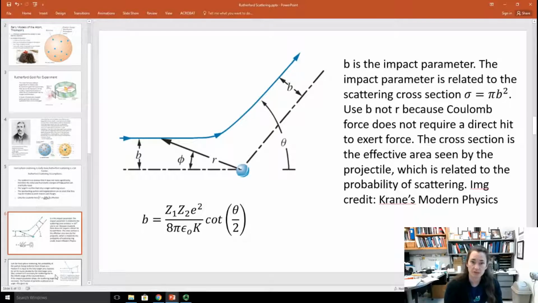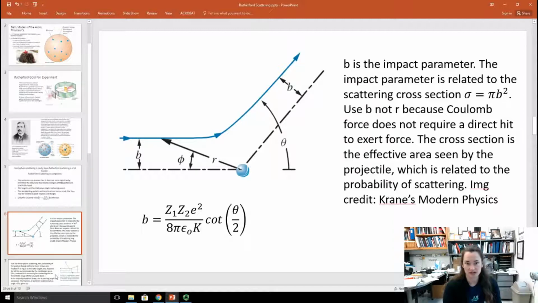Okay, so the impact parameter b in this case is equal to the product of the charges of the incident alpha particle and the target nucleus. So that's going to be Z1 times e times Z2 times e, where Z1 and Z2 are the atomic numbers, respectively, of your incident particle and your target, and e is the fundamental charge. Now you're going to divide that product of the charges by 8 pi epsilon naught times the kinetic energy of your incident particle, and then multiply by the cotangent of the scattering angle over 2.